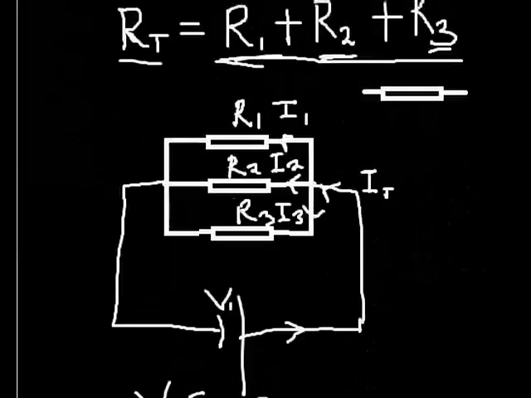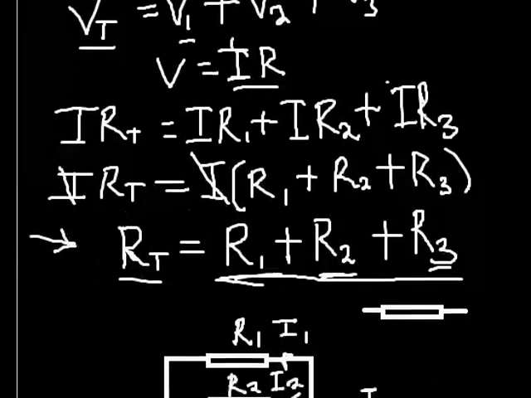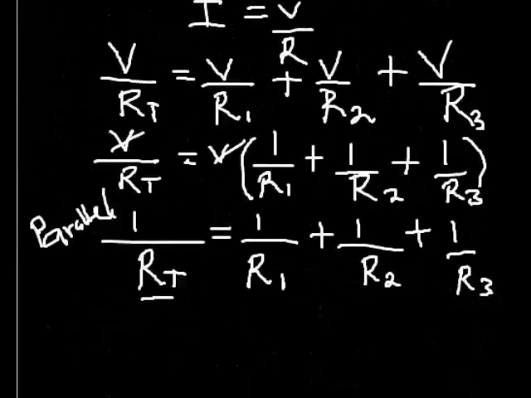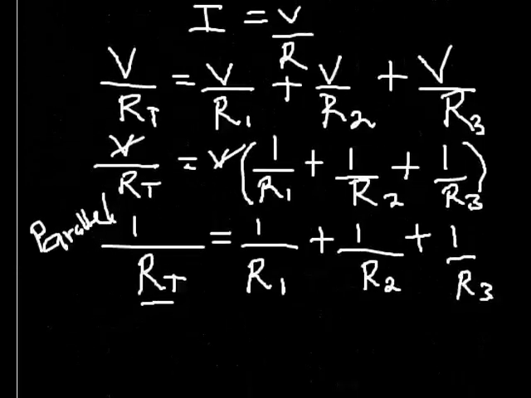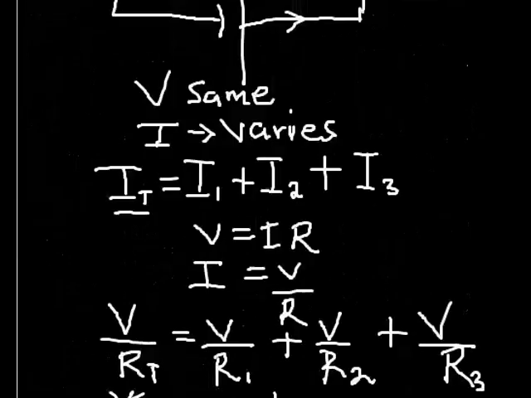Remember, capacitor is the opposite of resistor in terms of equivalent. For capacitor, the series is always in reciprocal form, while the parallel is in sum form. So just know the difference. I think we've done justice to that question.